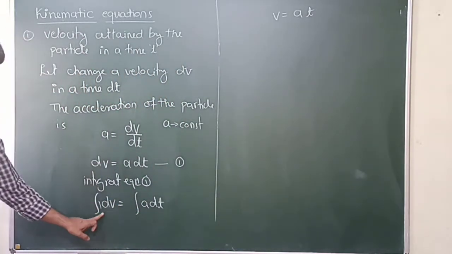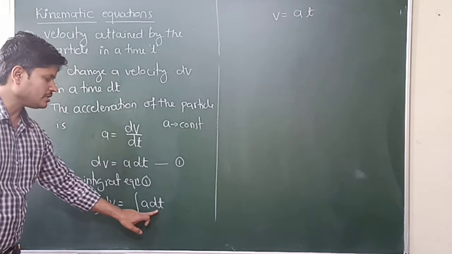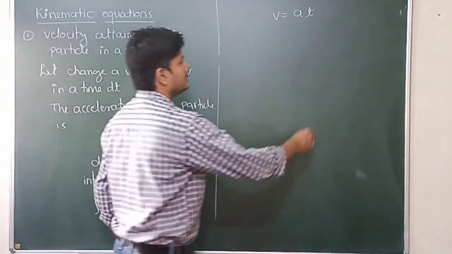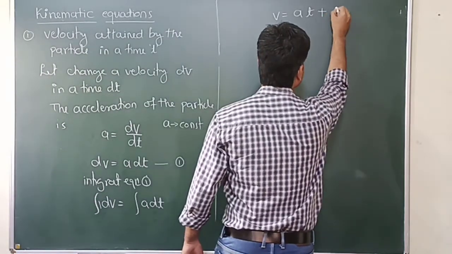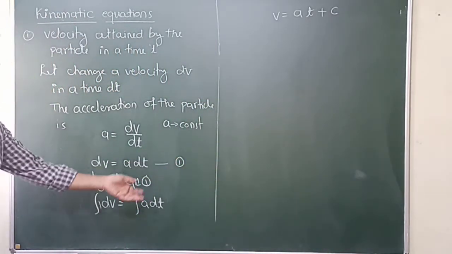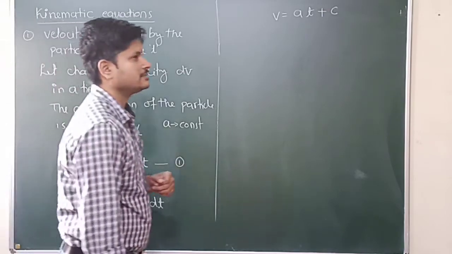As we did here, integration of dv is v, similarly integration of dt is t. Right? Remember. And this constant, as we have to apply it for the integration, c. That is the integration constant.